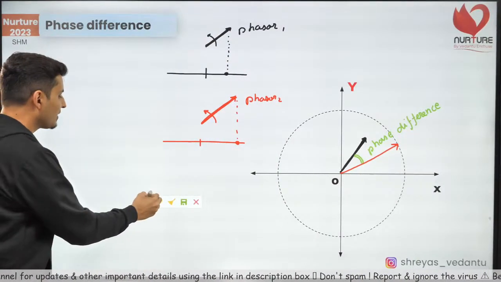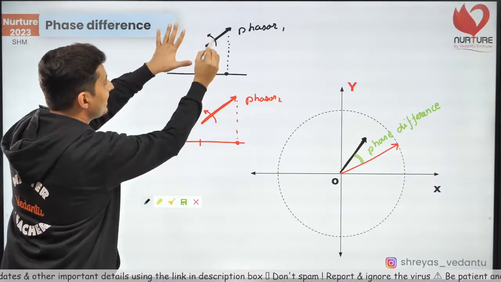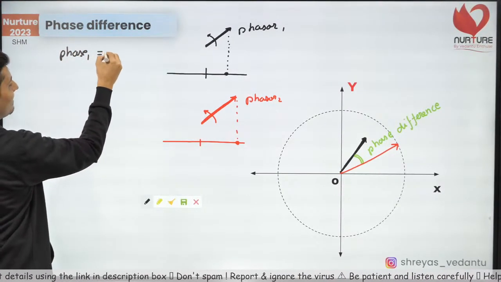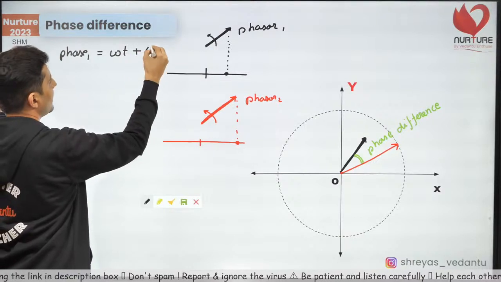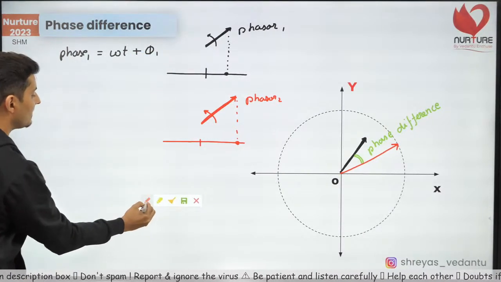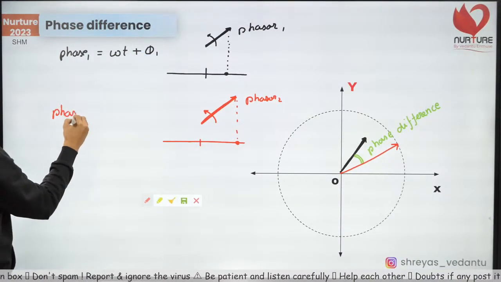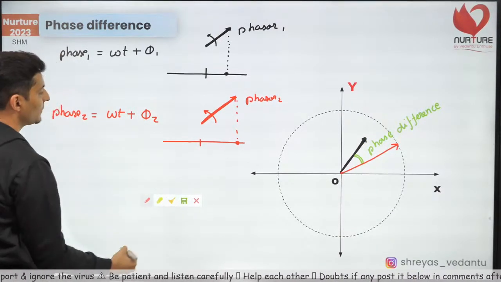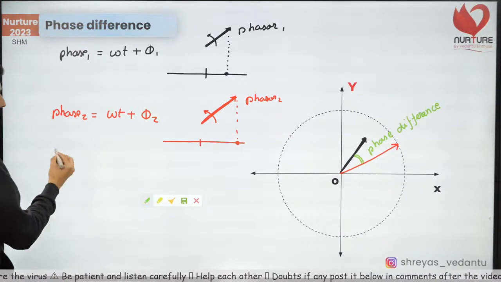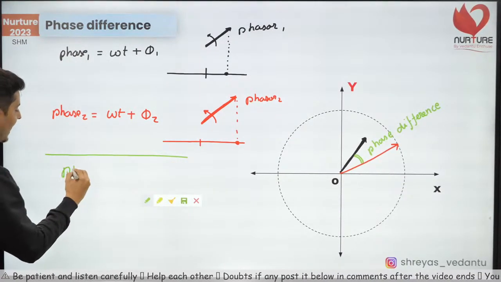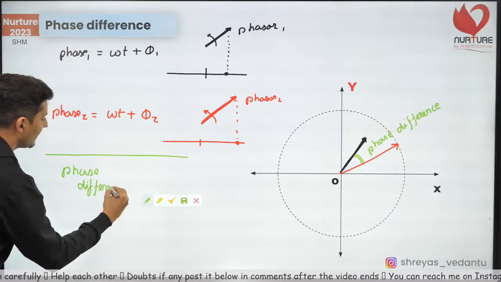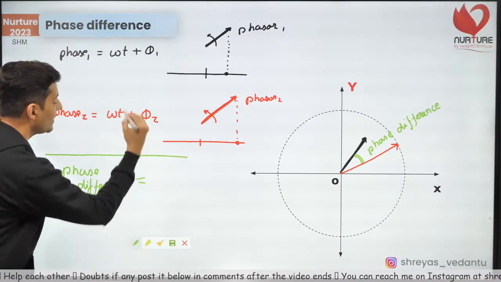Now, if I ask you what is the phase of SHM1, the phase of SHM1 will be omega t plus phi 1. If I ask you what is the phase of SHM2, it will be omega t plus phi 2. So hence, if I ask you what is the phase difference, what will your answer be?